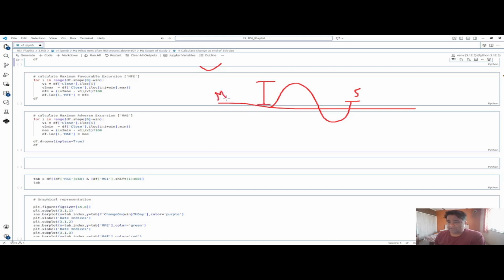This will be MFE, maximum favorable excursion, and this will be MAE, maximum adverse excursion. Okay, so let's go and calculate those parameters.